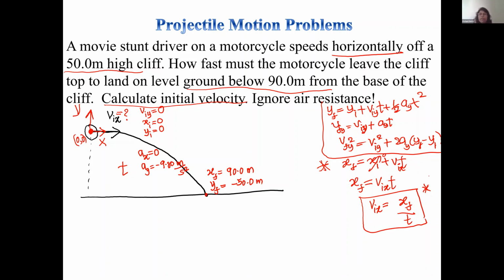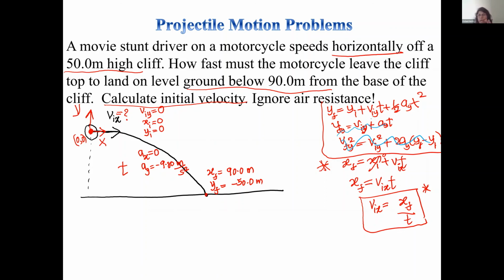Now I need to find the time. According to the given information, I have 3 formulas on the top. Which formula should I use to find the time? This formula does not have the time, so I can cross it out. The second formula has time, but do I have the y final velocity information? No, so that is also not useful. The first formula is useful to find the time, but be very careful.